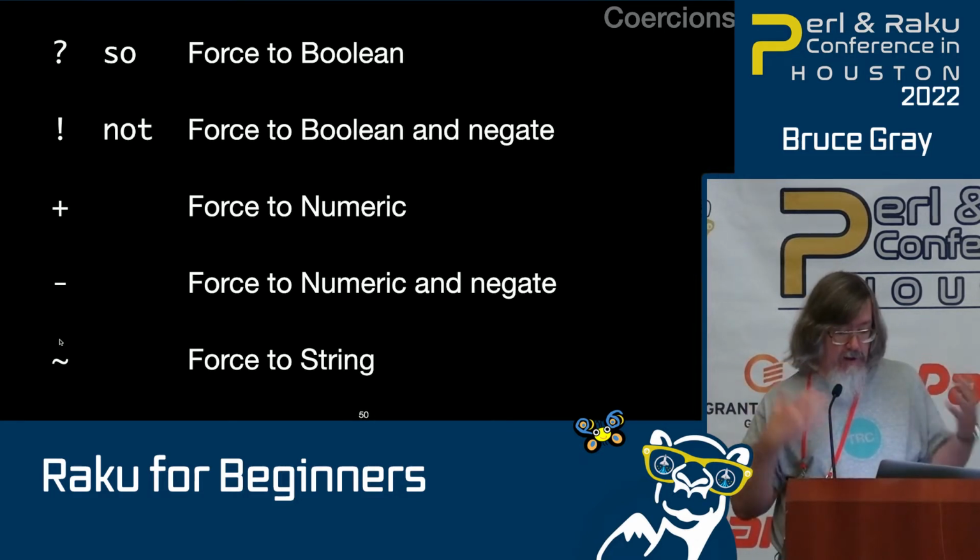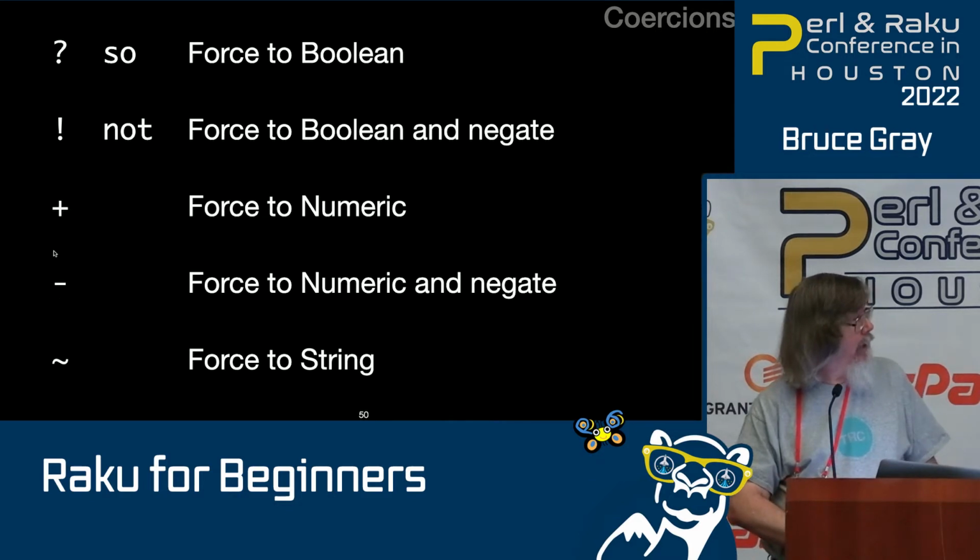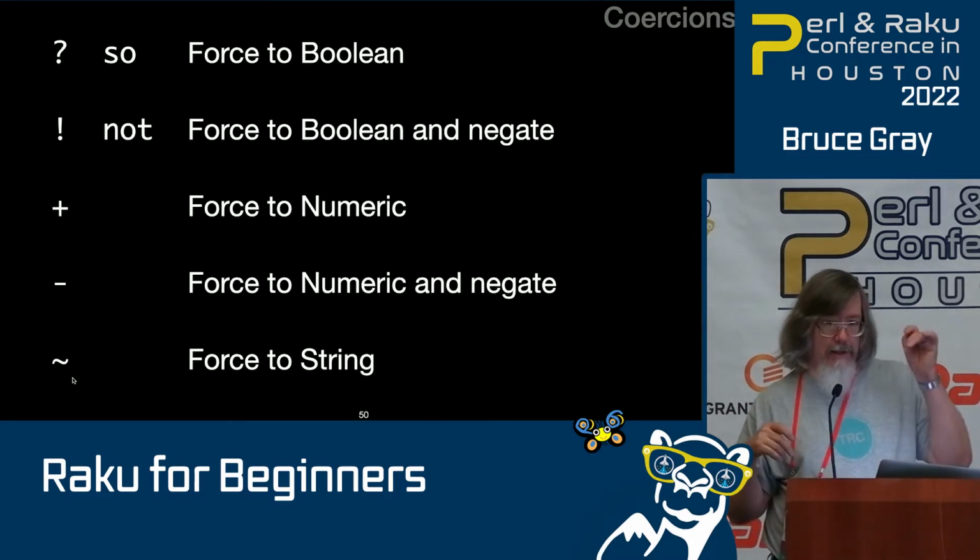So we have specific coercion operators. As I just said, we have question mark or so and bang or not for Boolean. Plus is numeric. Minus is negated numeric. And tilde, you saw tilde earlier to concatenate, but tilde in front of something turns it into a string.